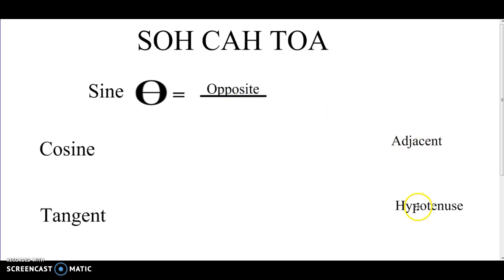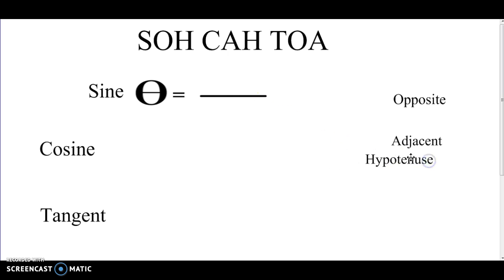H stands for hypotenuse. So the sine of some angle, measure or letter, will equal the opposite side length of that angle over the hypotenuse length. So that's how we'll set up our fraction.